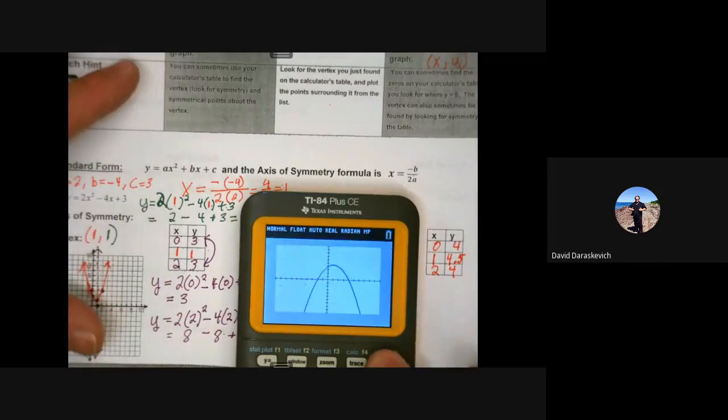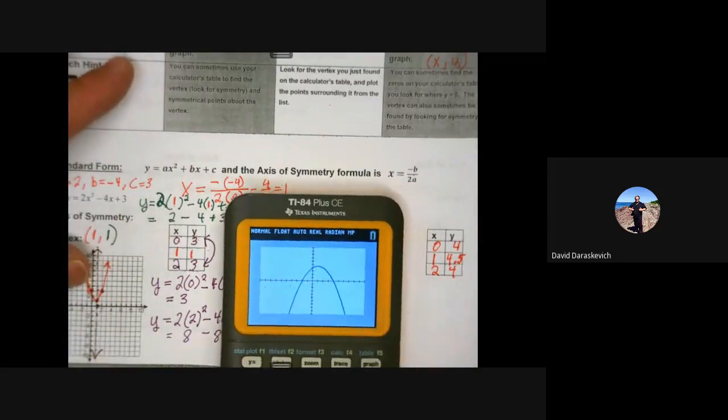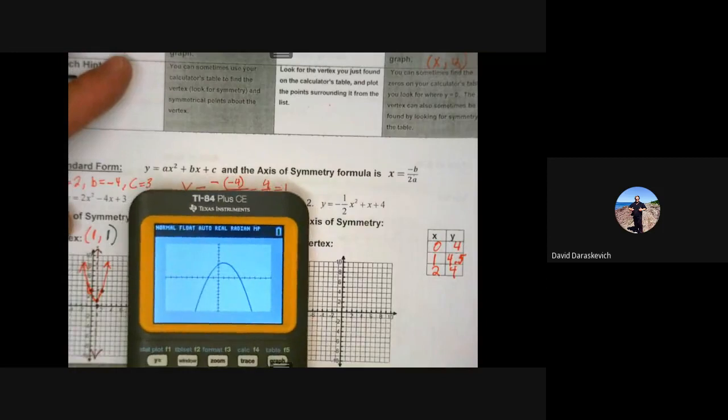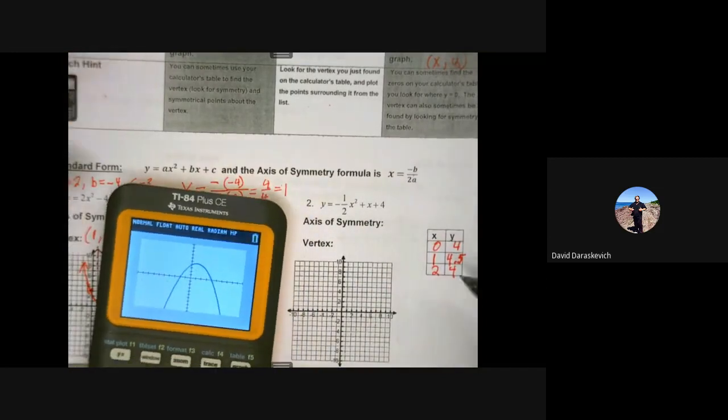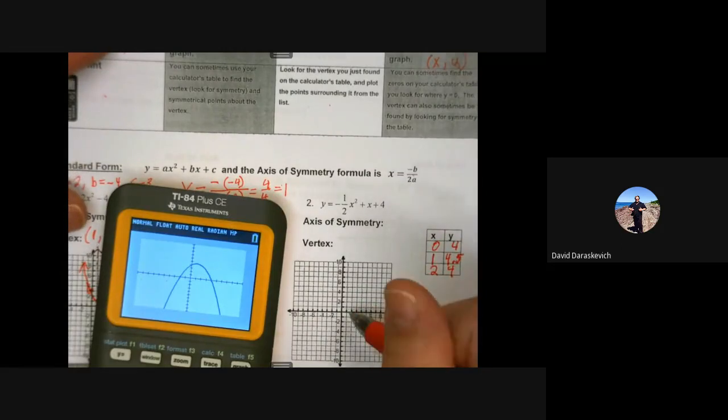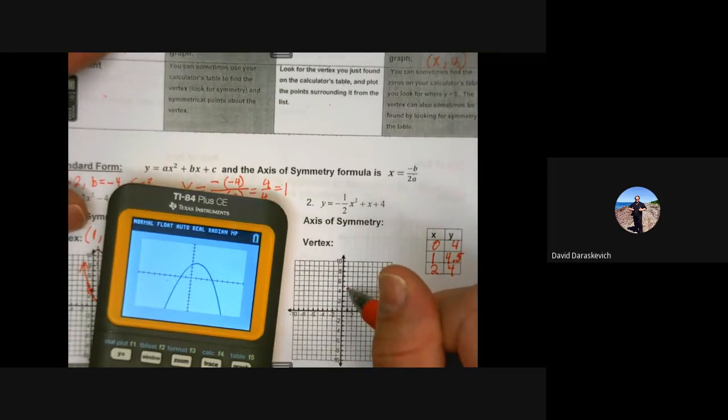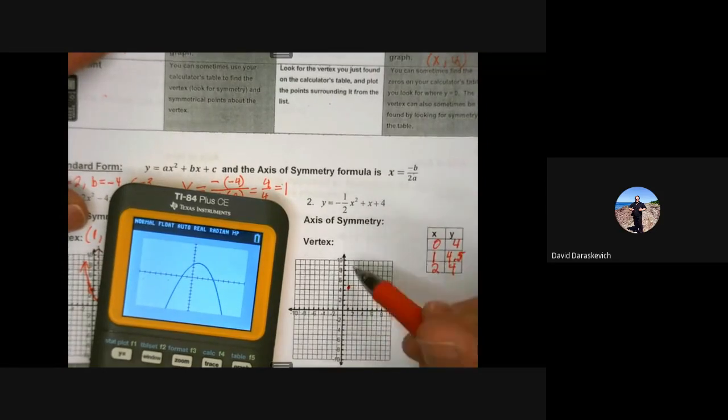I know my graph's going to be flipped, or reflected, because of that negative sign, negative 1/2. So here's my vertex, 1, comma, 4.5. So 1, 4.5. It's also my axis of symmetry, right? 0, 4, and 2, 4.